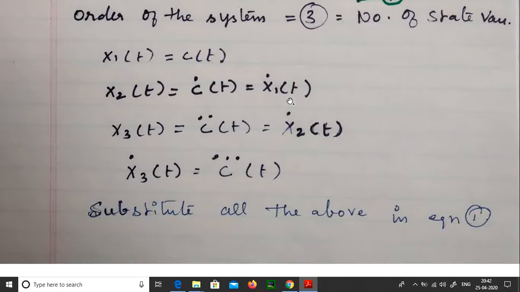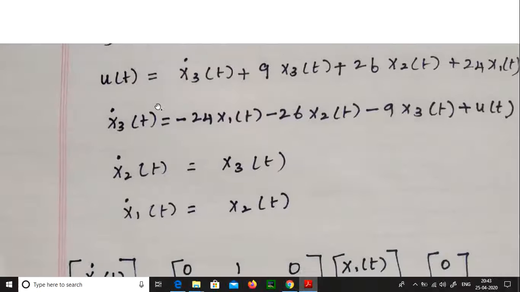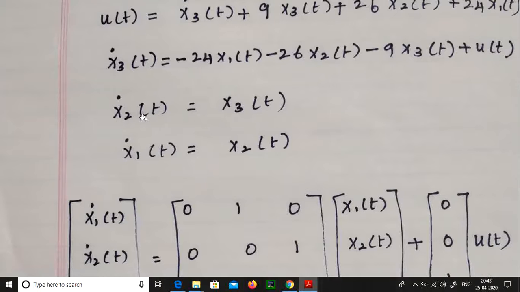As per the state model, we have to take the state equation as x dot of t equals A x of t plus B u of t, where x dot of t represents x1 dot, x2 dot and x3 dot. x3 dot we obtained, x2 dot is x3 of t, x1 dot is x2 of t.